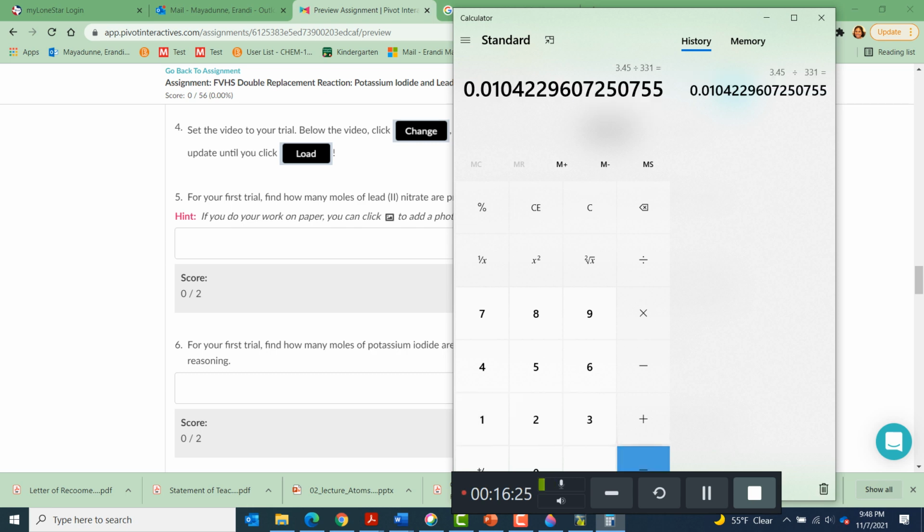So I'm getting the number of moles as 0.010.